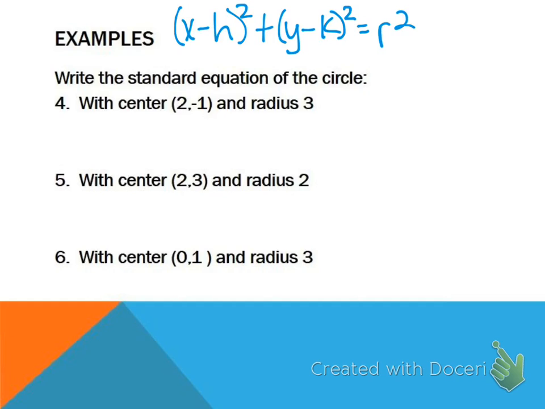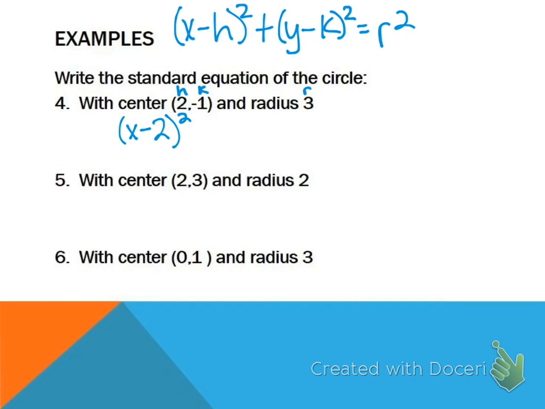All right, on number 4, we've got our center. It might help if you label your center as H, K, so that way we just have to plug everything in. They already told us what the R was at the end. So I need H, K, and R to write my equation of a circle. We have x minus, what's my H? 2.